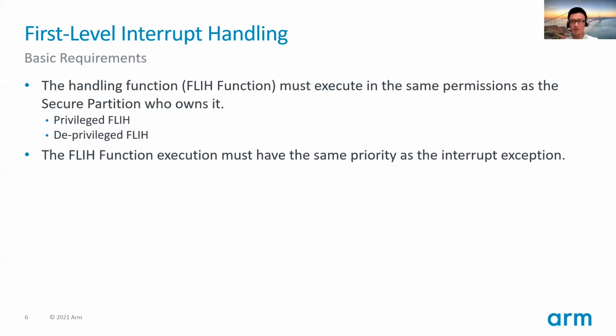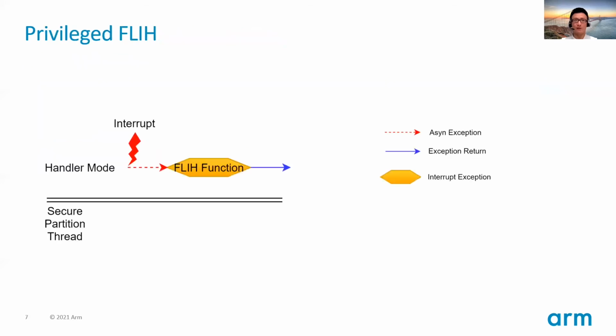And the second requirement for FLIH is that the FLIH function execution must have the same priority as the interrupt exception, to ensure no lower priority exceptions can preempt this FLIH function, because the FLIH function is designed to handle interrupts in a bounded time. So it shouldn't be interrupted by lower priority events. Bear these two requirements in mind, and let's see the implementations.